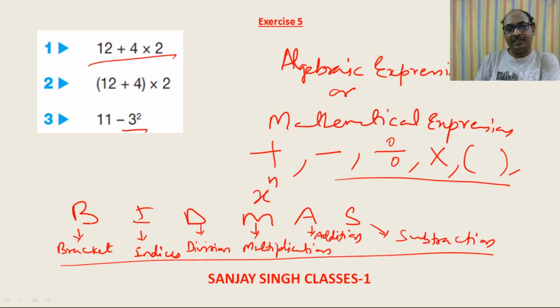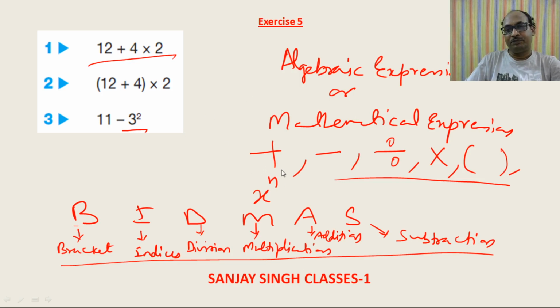If bracket is not there and indices we are having, we need to solve indices, then division, then multiplication, then addition, and then subtraction. So we need to follow this rule. In this exercise 5 and 5 star, we will be utilizing this BIDMAS rule extensively for solving the given expressions.